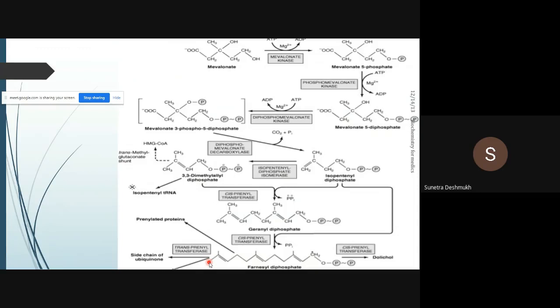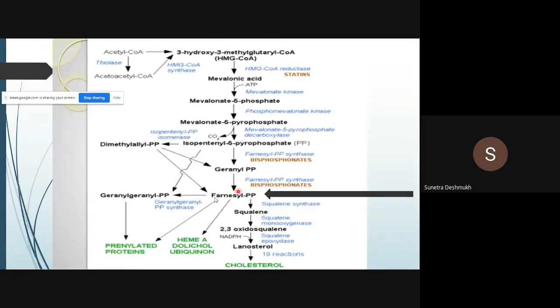So farnesyl diphosphate has 15 carbon atoms, a C15 unit, and now we are going to use this farnesyl diphosphate to synthesize squalene. We will start from here, because the earlier part we have covered already. So from farnesyl PP to squalene, we'll see now how to synthesize it.